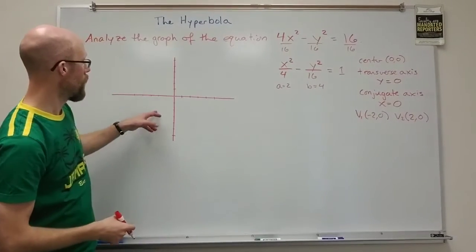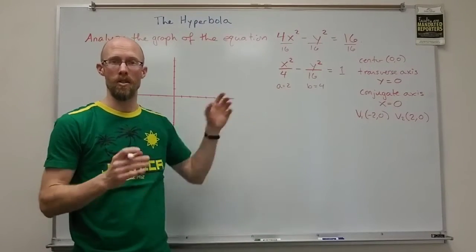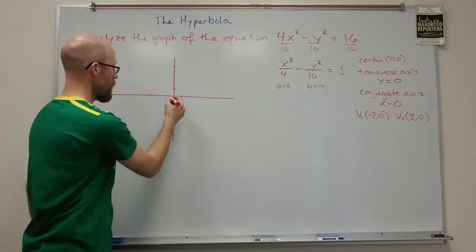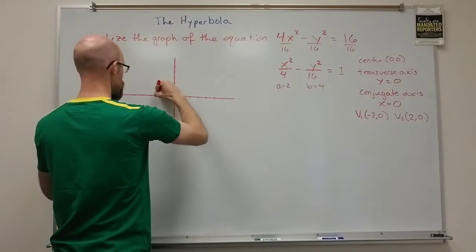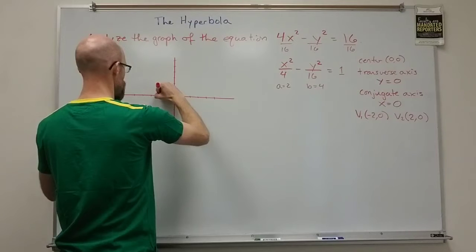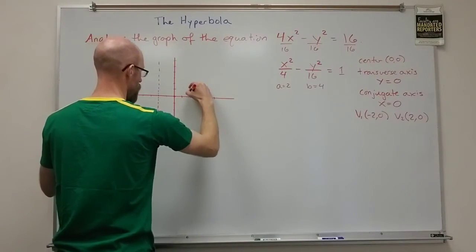So in my x direction, my box needs to go 2 on either side of the center. Center is at the origin, so I need to go 2 in either direction. So that's going to be over here to -2 and a +2.